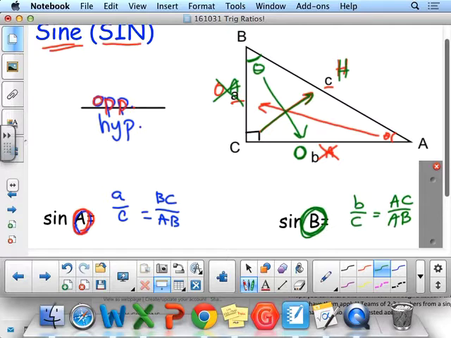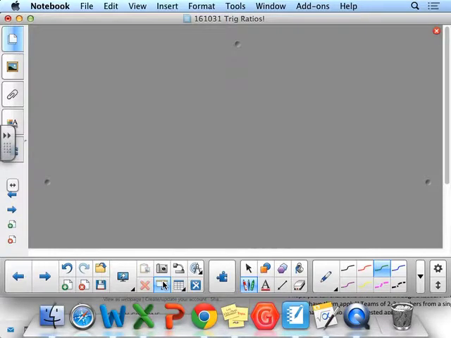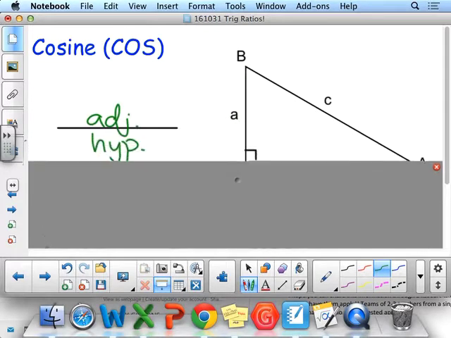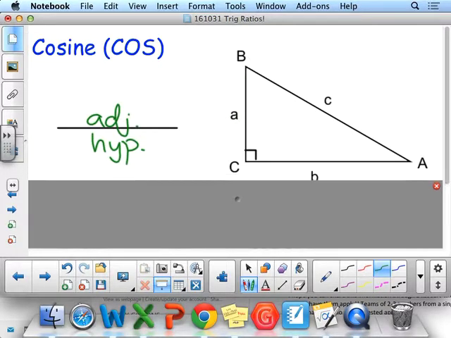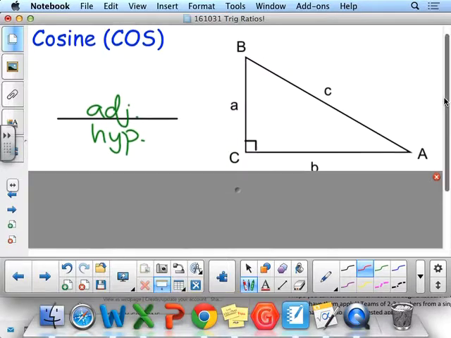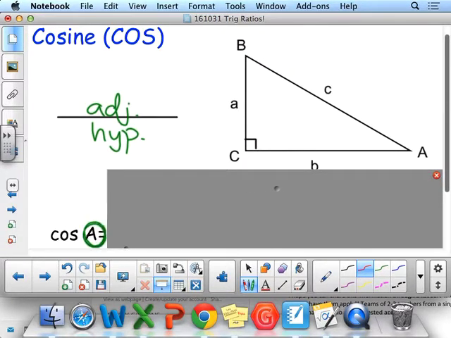So let's look at our next example. We've got cosine. Now cosine is different from sine because instead of talking about opposite over hypotenuse, now I'm talking about the ratio of adjacent over hypotenuse. So let's look, where am I looking from? For cosine of A, I'm going to put my theta at A. I'm going to label this opposite, adjacent, hypotenuse.